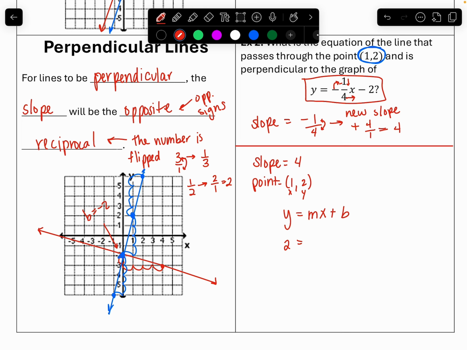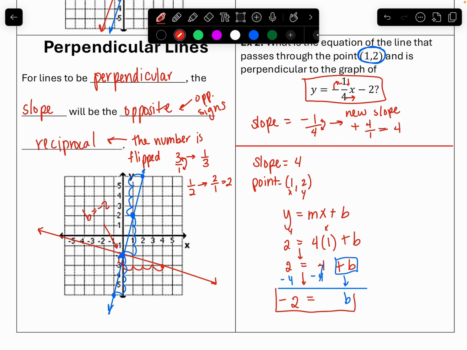So we have 2 equals, my m is 4, x is 1, plus b. Rewrite it. 4 times 1 is just 4, plus b. Again, equal sign. Inverse operation, we want b by itself, minus 4, minus 4. Bring this down, b equals negative 2. So that's how you find your b.